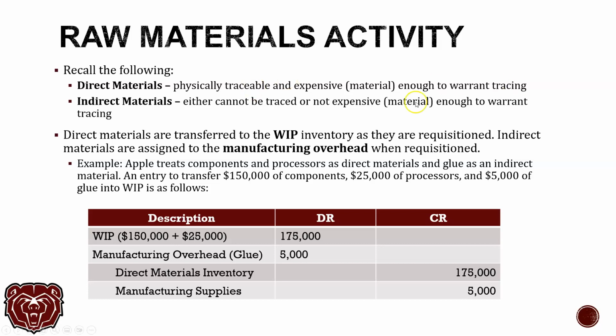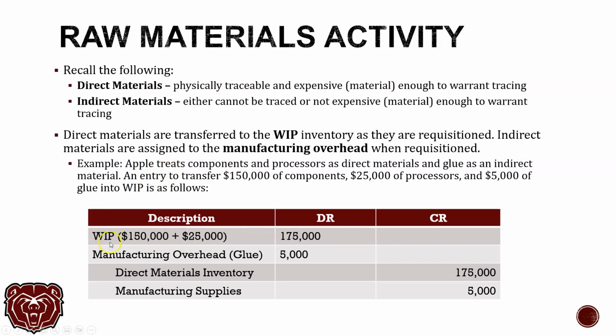So let's look at an example real quick. Let's say that Apple treats components and processors as direct materials. Glue is an indirect material. It's not worth measuring. It's not worth tracing directly to it. So an entry to transfer $150,000 of components, $25,000 worth of processors, and $5,000 worth of glue into the work in process is as follows.